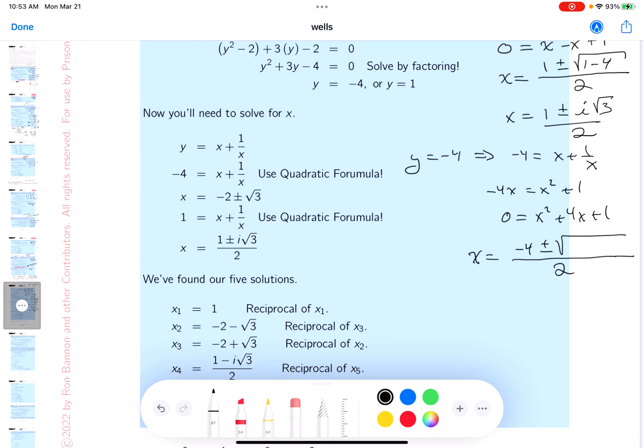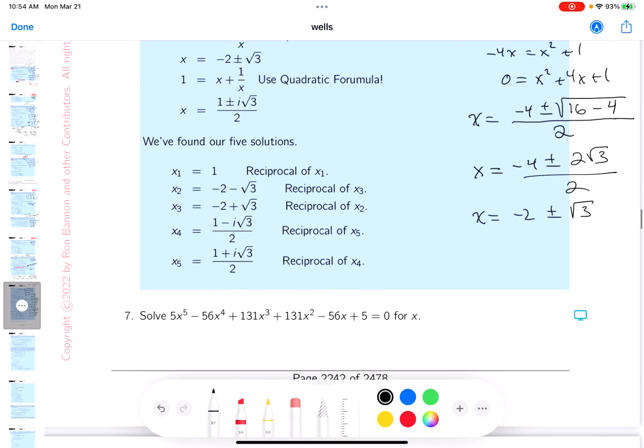You're going to get 16 minus 4, x equals minus 4 plus or minus the square root of 12, which is going to be 2 root 3s over 2, or x equals minus 2 plus or minus root 3. So I found all 5 roots.